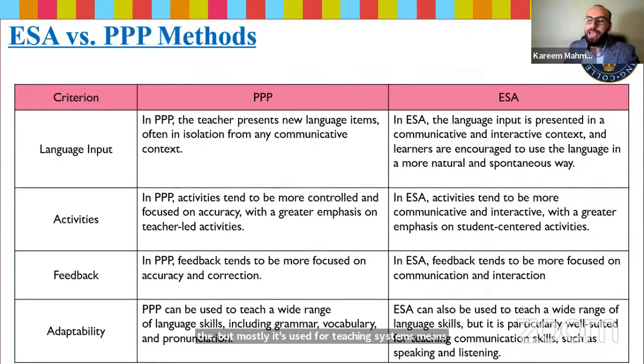The ESA is not like this. I can use it mostly for communicative lessons, either skills or systems, but mostly for speaking and listening. So why speaking and listening in particular? Because in listening, students are exposed more to the target language. So when they listen, I will not say they acquire, I will say they learn, because there's a difference between acquisition and learning.